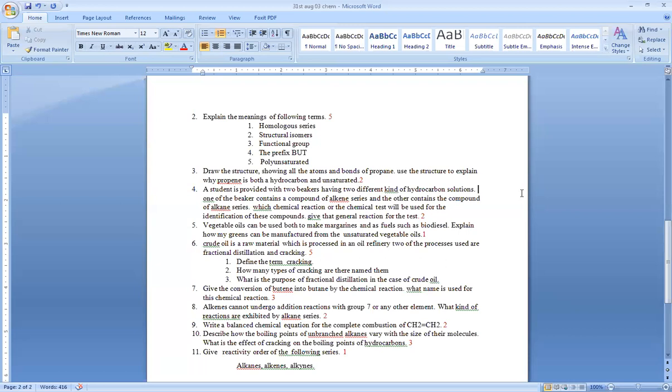So at the end of that reaction, you will be able to say that the beaker which has decolorized the bromine water is the beaker containing an unsaturated compound, meaning alkenes or alkynes. So whenever you are asked about the identification of unsaturation, remember the question is asking you about the bromine water test.